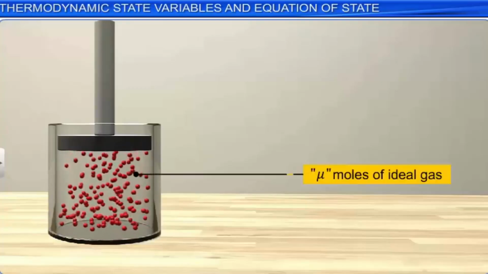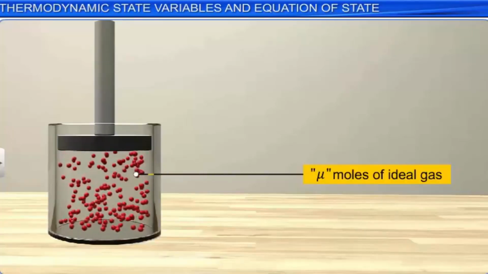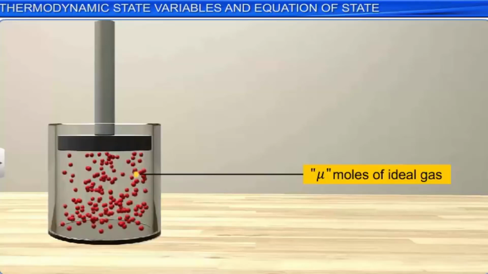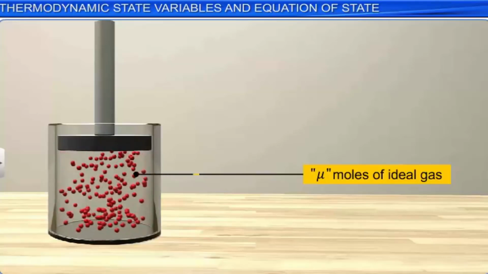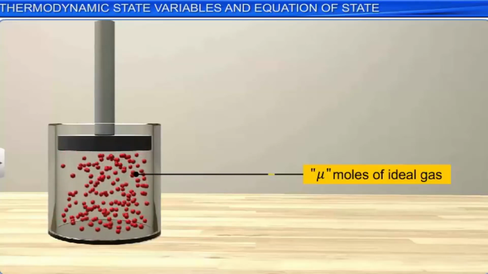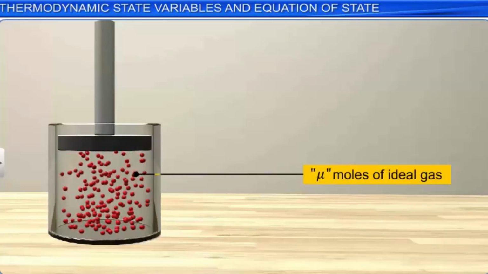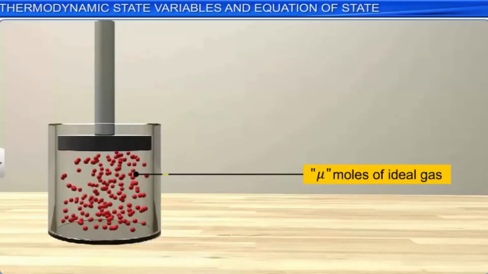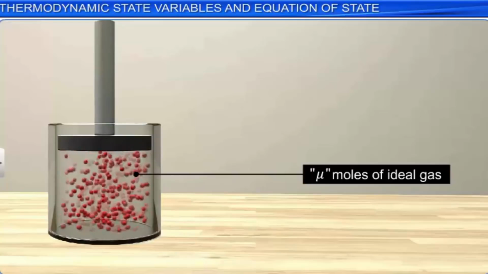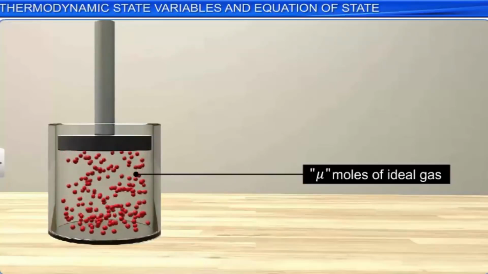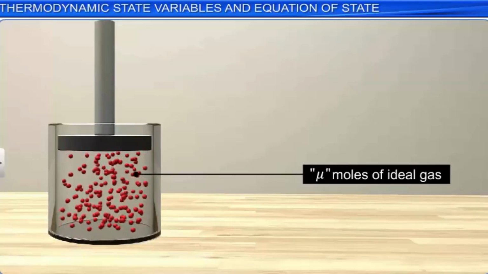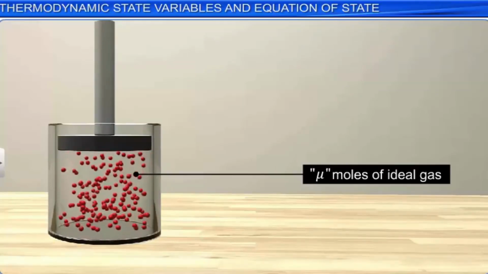For a sample of mu moles of an ideal gas in a container, the ideal gas equation PV = mu RT is the equation of state. From this relation, we can understand that of the three variables P, V and T, only two are independent and the third one depends on these independent variables.